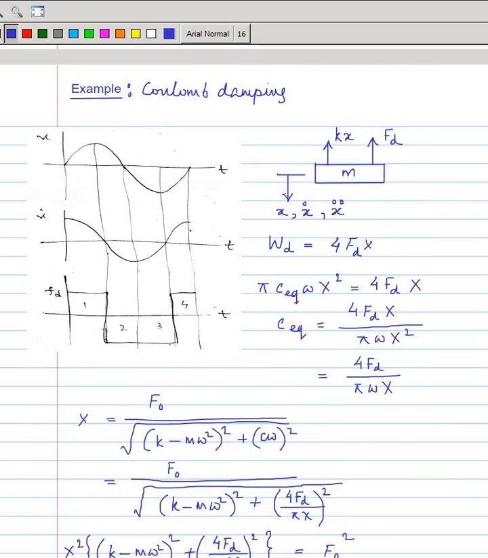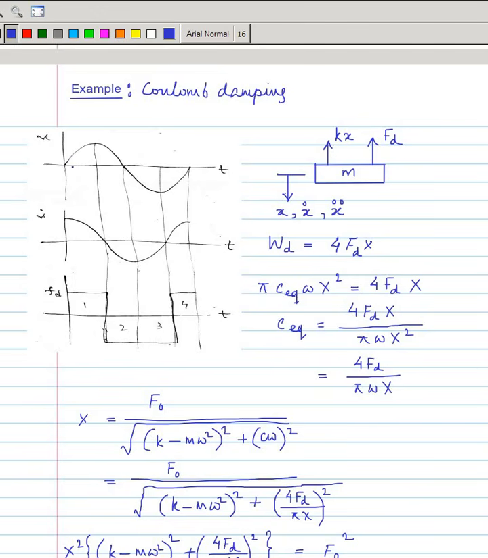We have already studied Coulomb damping while studying free damped vibration, and here the total energy lost is as follows. See, x is going from 0 to its maximum value downwards, and the damping force is upwards, because Fd is positive upwards and x is positive downwards.